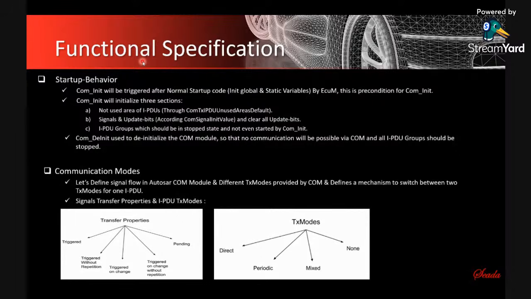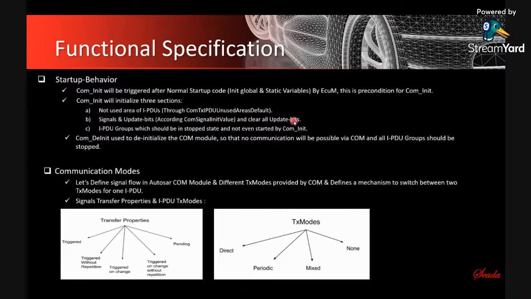What is really happening inside this COM initialization function? We need to understand this. It's gonna initialize 3 sections, the most important sections for me. I'm not expecting you to know everything about them; you're gonna know them in the next few slides, but right now you have to know that if we have unused IBDUs, then they are going to be initialized with the com transmit IBDU and use the area defaults.